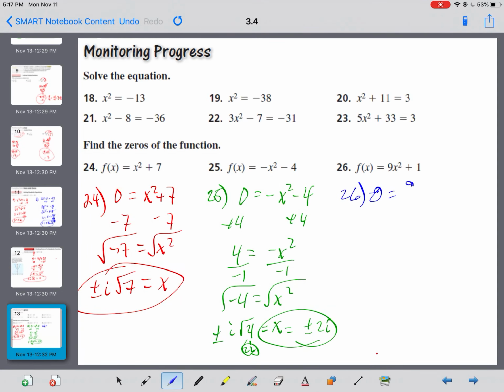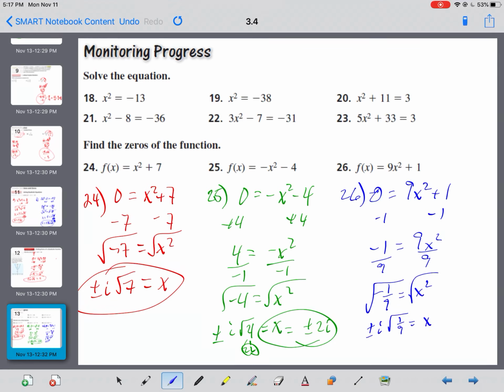And 26. 0 equals 9x squared plus 1. Minus 1. Negative 1 equals 9x squared. Divide by 9. Oh my god, it doesn't divide by 9. Negative 1/9 equals x squared. Whatever will we do? It's a fraction. So what? Square root both sides. So you got plus or minus i square root of 1 over 9 equals x.